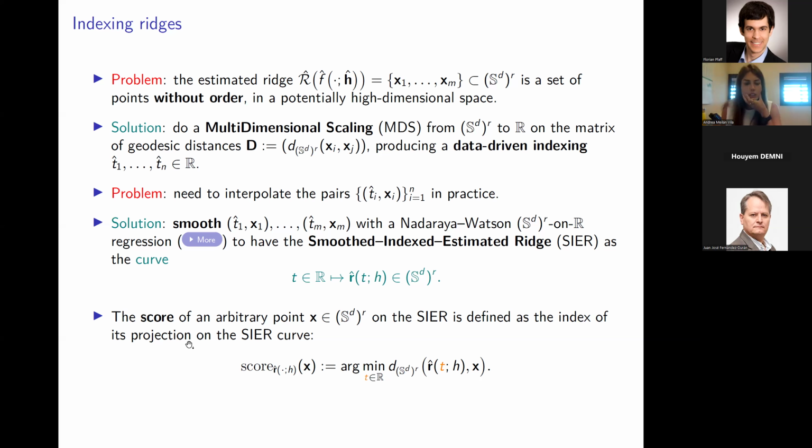And in this way, we define the score: the score of an arbitrary point on the polysphere is the index of its projection on the SIRE curve.